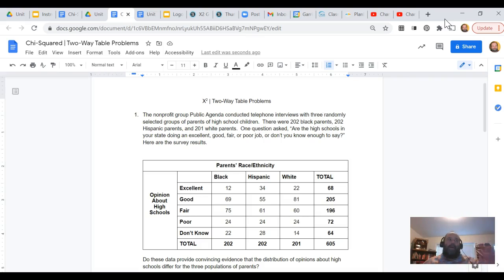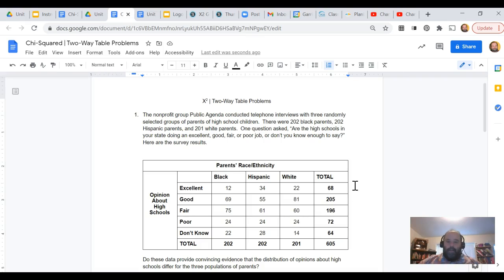Degrees of freedom is rows minus 1, so 5 minus 1 is 4, and columns minus 1, so 3 minus 1 is 2. So it's 4 times 2, and I'm going to have 8 degrees of freedom in this table.